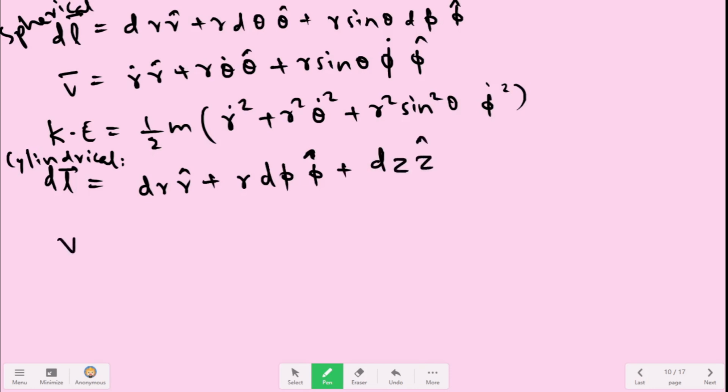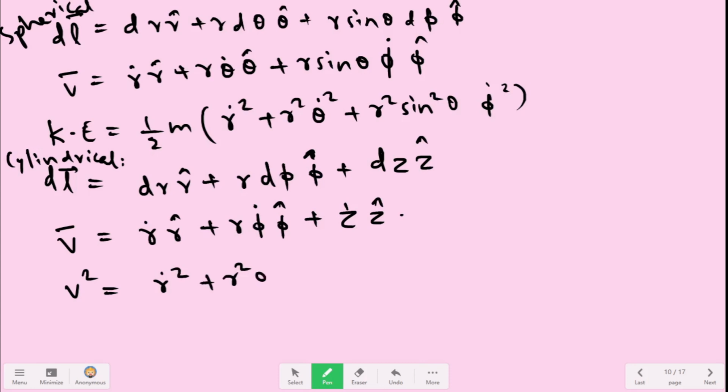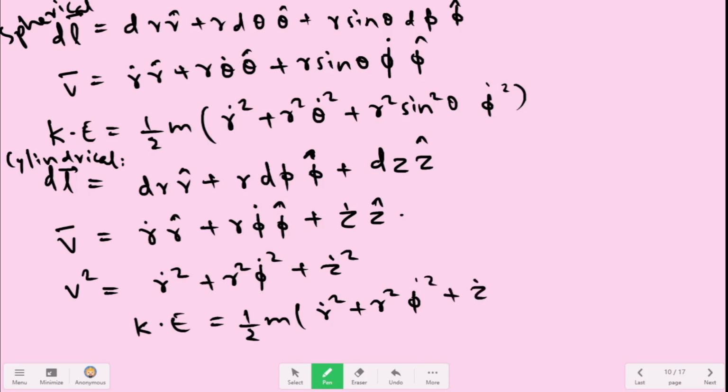Divide by dt, we will get v = r dot r cap + r φ dot φ cap + z dot z cap. v² = r dot² + r² φ dot² + z dot². Therefore kinetic energy is equal to 1/2 m (r dot² + r² φ dot² + z dot²). So these are the formulas for kinetic energy in cylindrical and spherical coordinate systems.